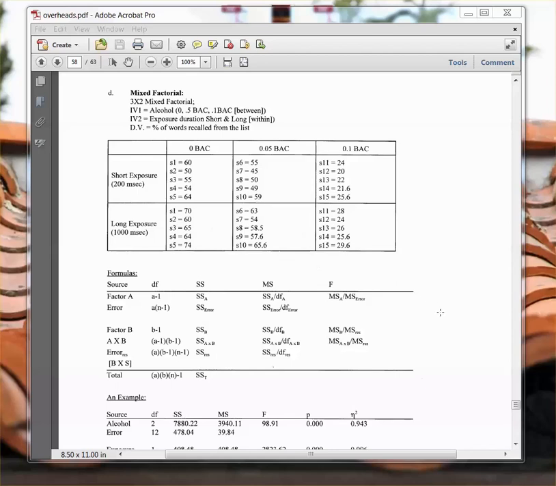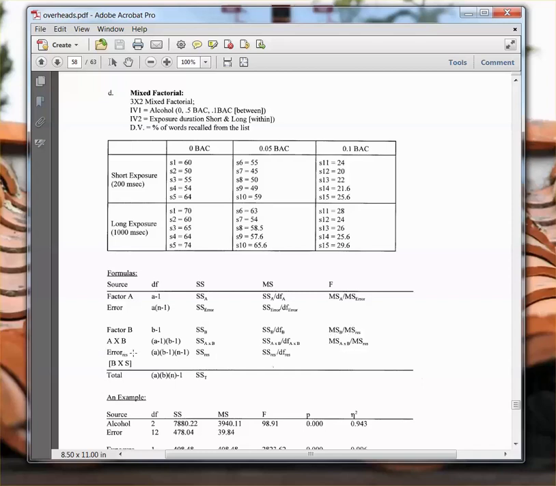And what we have now is something that's a little different in our source table for our analysis of variance. Let's first focus on the things that are the same. We have a source of variance which is due to our factor 1 or factor A, which is alcohol, right? And then we have the same thing for factor B, which is exposure duration.